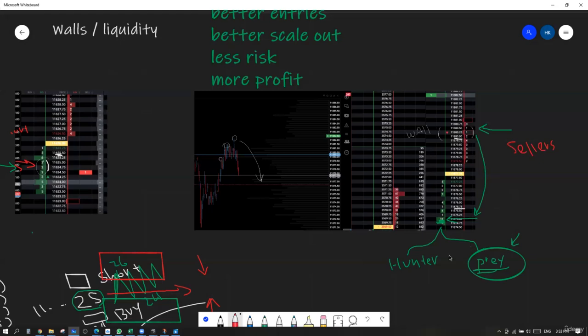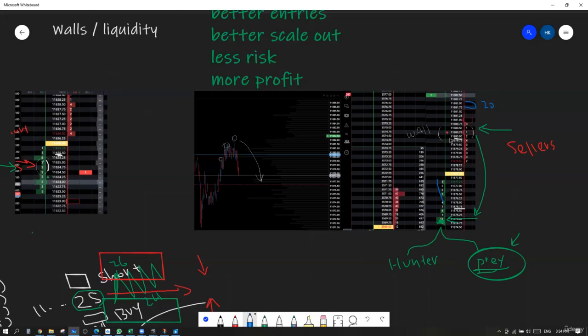But here's the thing. In case this liquidity is a hunter, that means we see the price moving against liquidity. Let's say now the liquidity is above you. We have here an order of 20, for example, and all other orders are from 1 to 10.